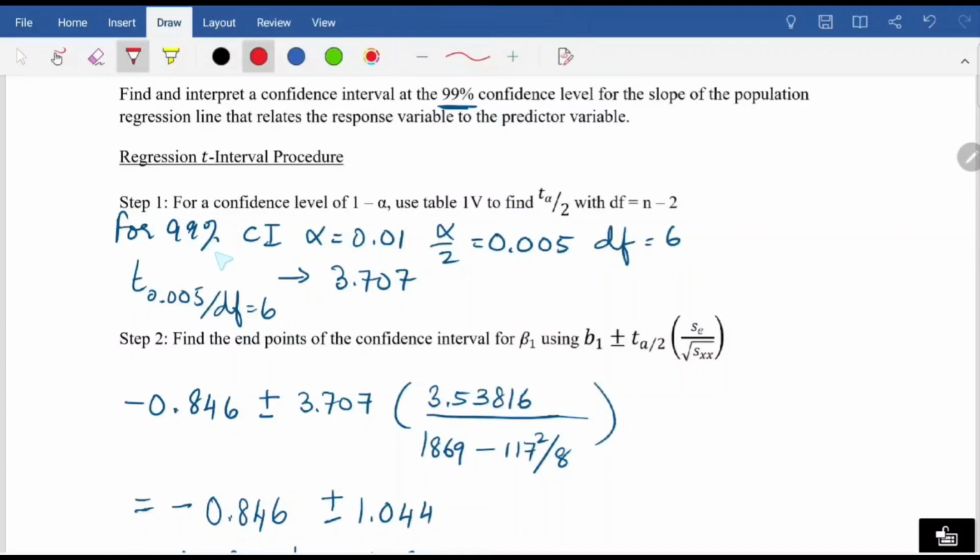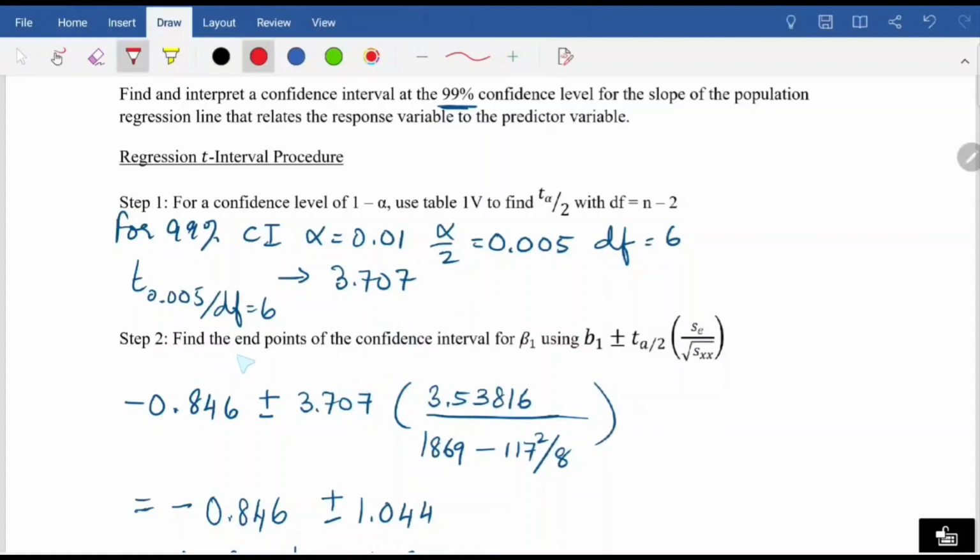So for a 99% confidence interval, our alpha will be 0.01, therefore alpha by 2 will be 0.005, and the DF is 6. So we already found this value, T of alpha by 2, 3.707, when we were doing our hypothesis test using the critical value approach. So you can reuse that value.